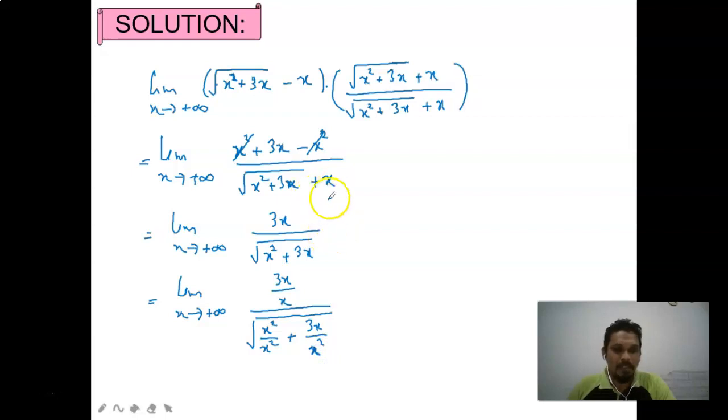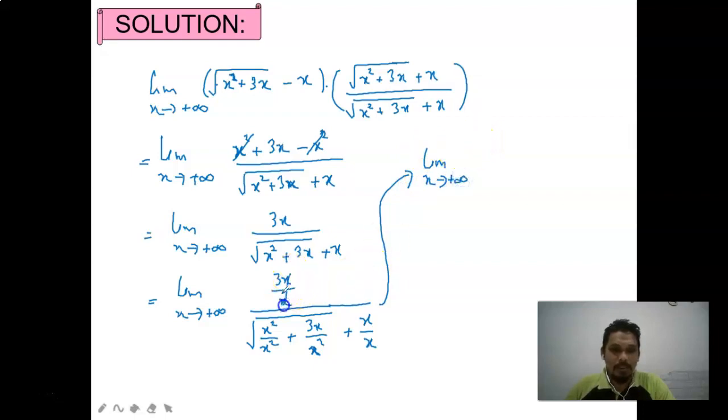Okay, I forgot something. We have an x here, so for this one, plus x divided by x. Now the limit as x approaches positive infinity.